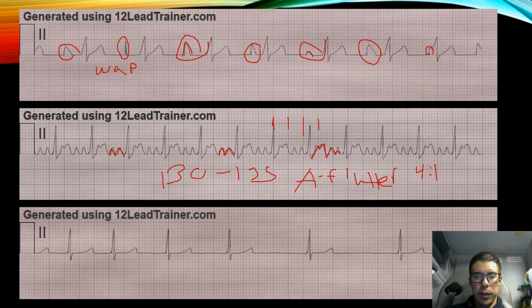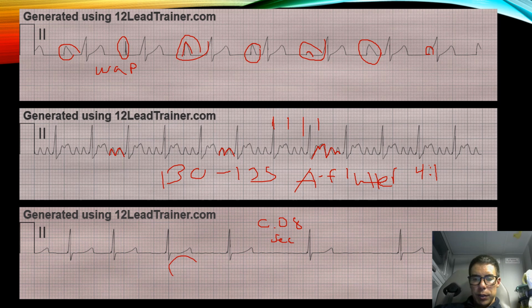Cool. Then at the bottom here, that is irregular. We have no discernible P waves, so therefore no PRI. QRS is narrow at about 0.08 seconds. And the rate, 1, 2, 3, 4, 5, 6. So 60 to 70.